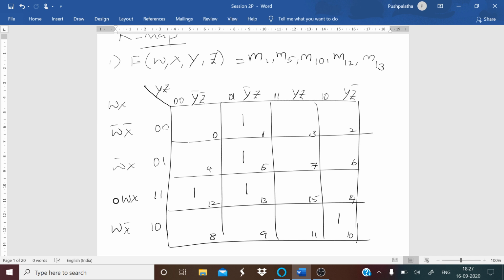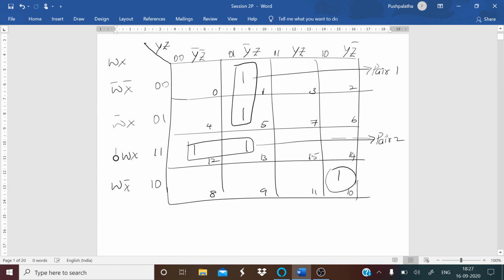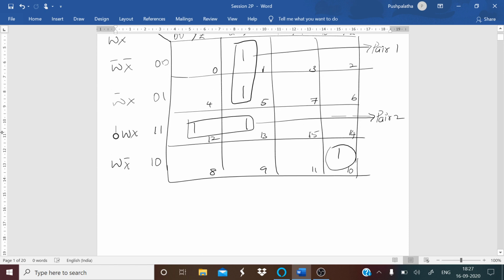No. So what we do, we go for a pair, that is 2 ones adjacent to each other. So this is 1, so we can take this as pair 1, and you have here 1, so you can take this as your pair 2, and for this we do not have a pair, so you leave it. Okay, now how many pairs do you have? 3 pairs. So start reducing.